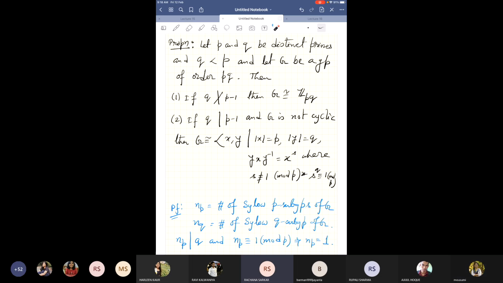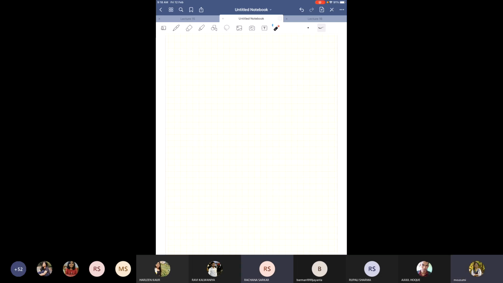Yes, ma'am. Now, by a similar argument, NQ divides P and NQ is congruent to 1 mod Q. This implies that NQ is 1 or P. Now I will break it into two cases.